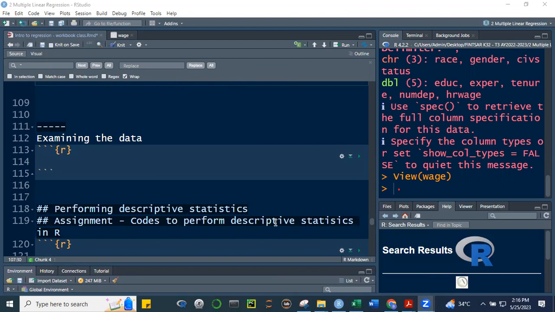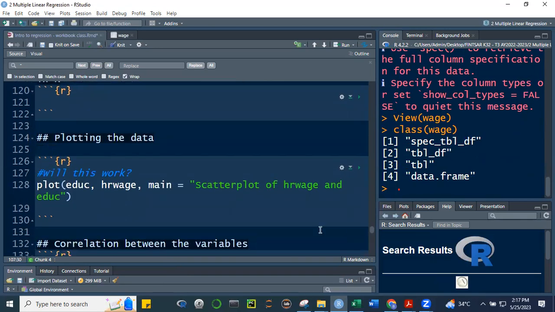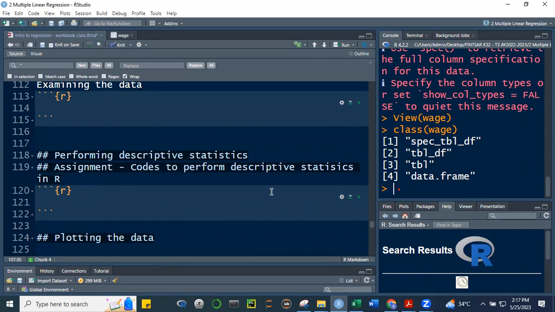Siyempre, andyan yung mga plot, yung normal plots, yung mga distribution, yung measure ng mean, median, mode, etc. So your assignment is to research on how, given this data with several variables. Ano bang class to? Class, wage, I know this should be a data frame, no? So data frame siya. Okay? So next meeting, I'll ask questions about this, yung pag-generate ng descriptive statistics.